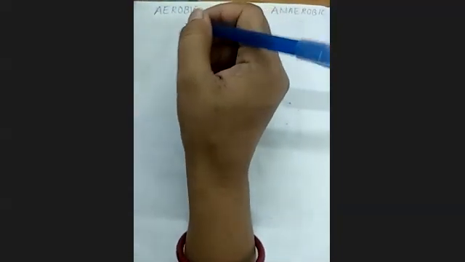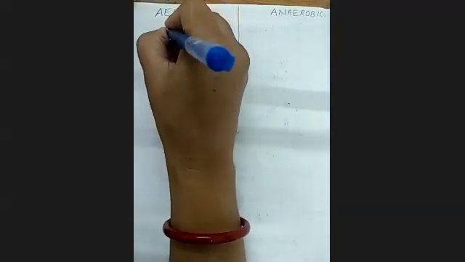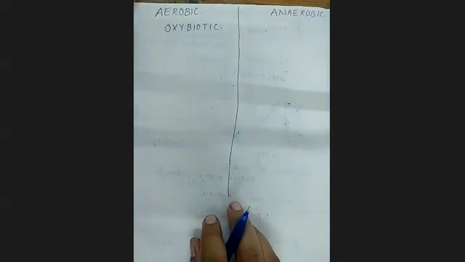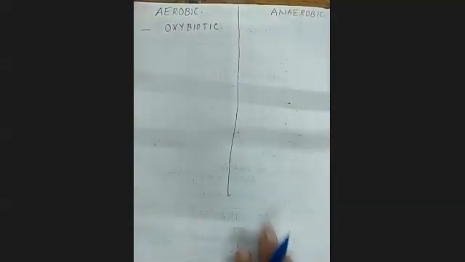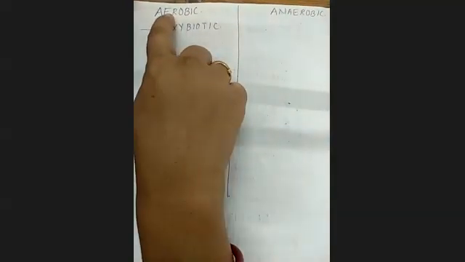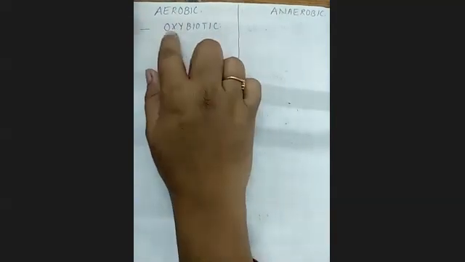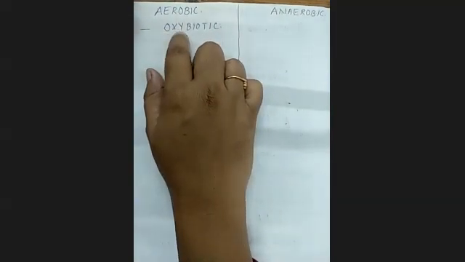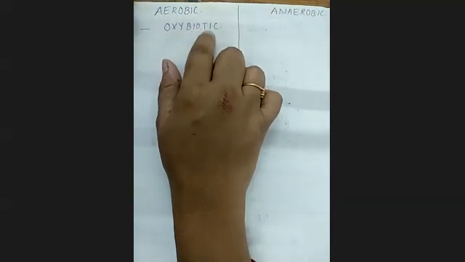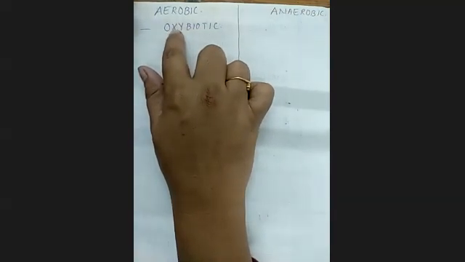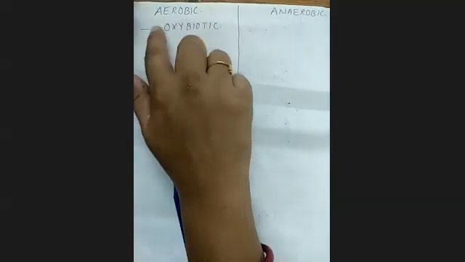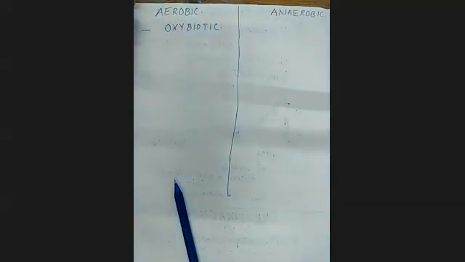So this type of respiration is also known as oxybiotic respiration. Out of all the gases, the one we are concentrating on is oxygen. Living organisms require oxygen for respiration. That is why it is called oxybiotic. Is it clear to you now?